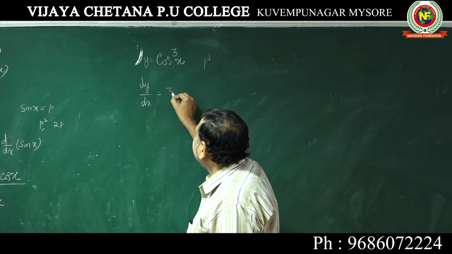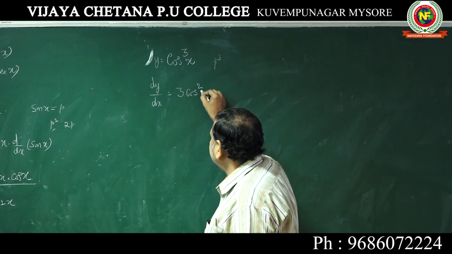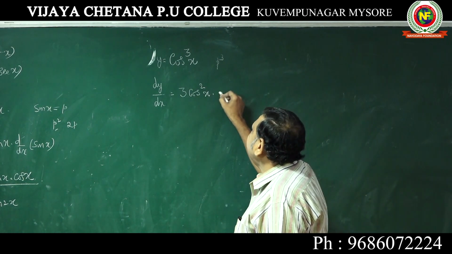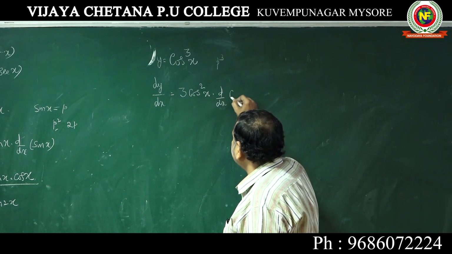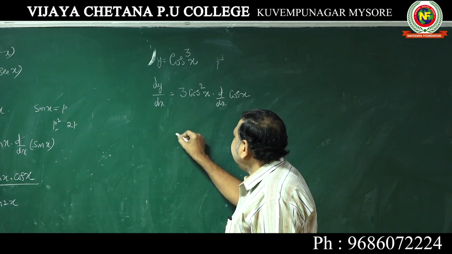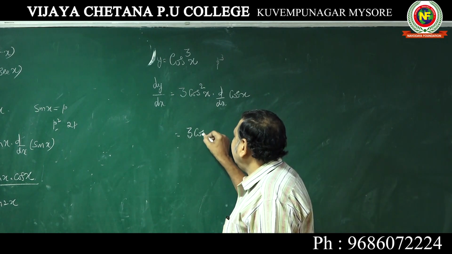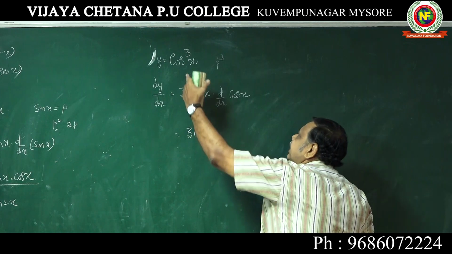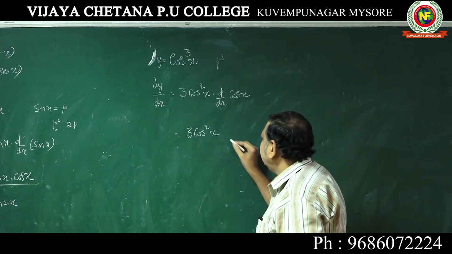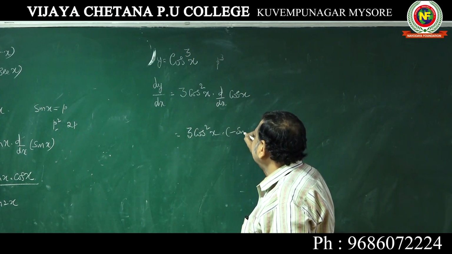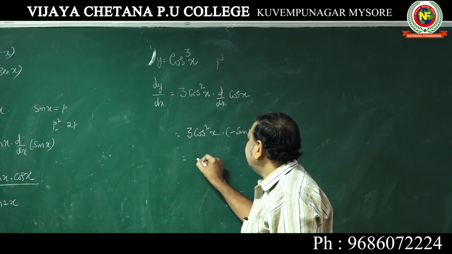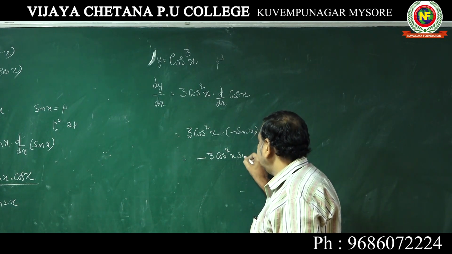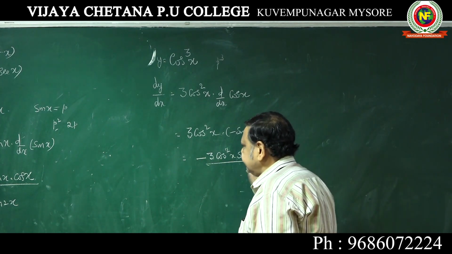So 3p square is 3 cos square x into d by dx of that cos x. I hope all of you are following. You are putting cos x as p, p cube, 3p square into d by dx of that cos x, that is minus sin x. So your answer is minus 3 cos square x sin x. This is the answer.